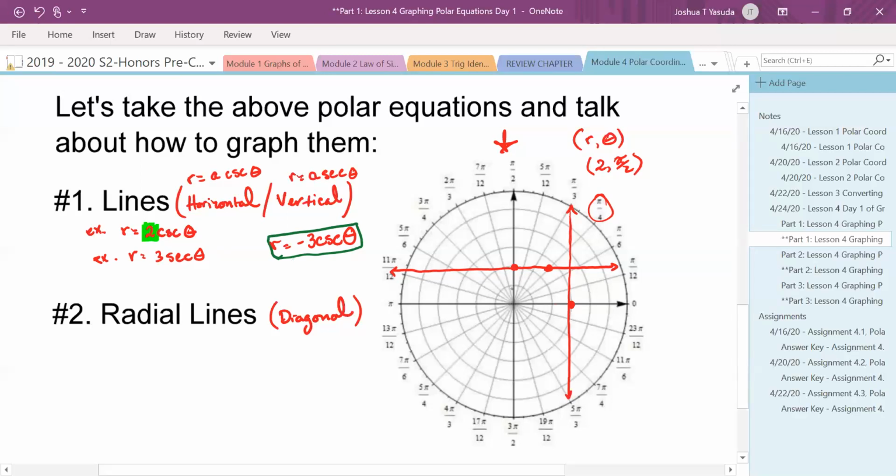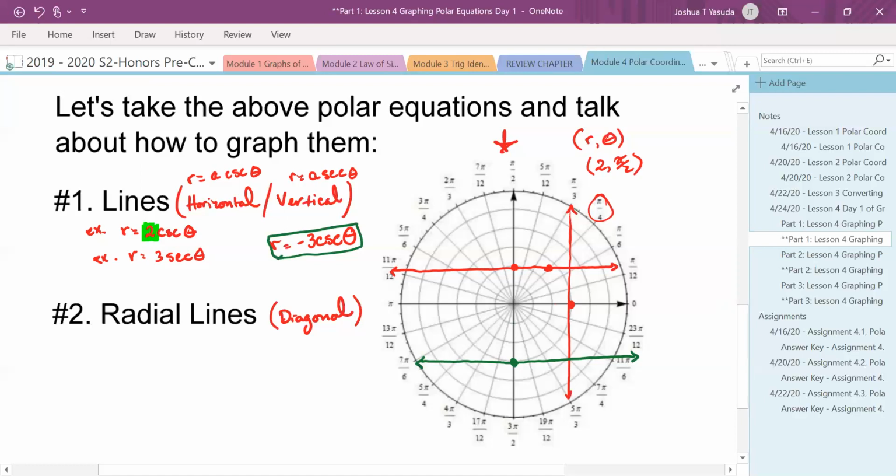Instead of going up 3 at pi over 2, when you plug in pi over 2, cosecant of pi over 2 is still 1, but then times negative 3 would be negative 3 for the radius. So you wouldn't go out to pi over 2, you would go in the reverse direction. So 1, 2, 3 down, and you would then make your horizontal line there. So that would be your horizontal line.